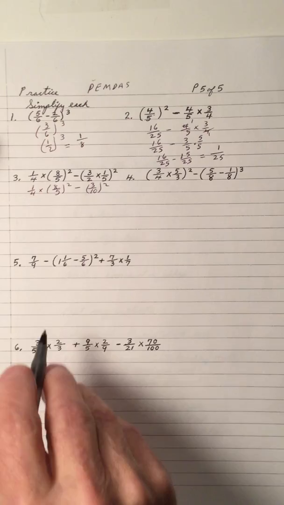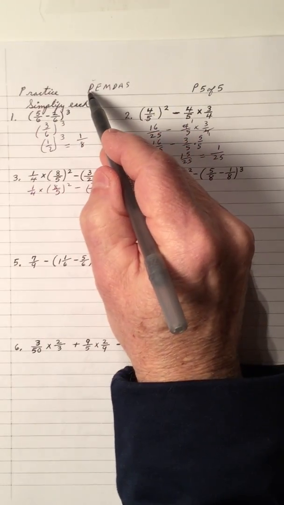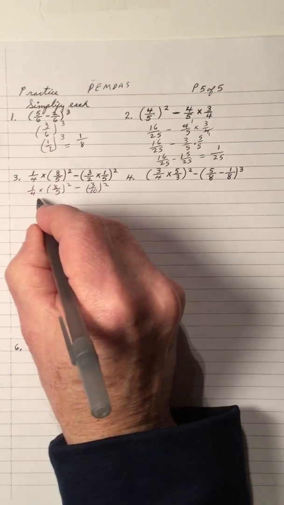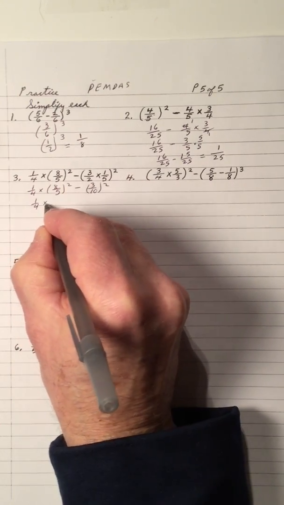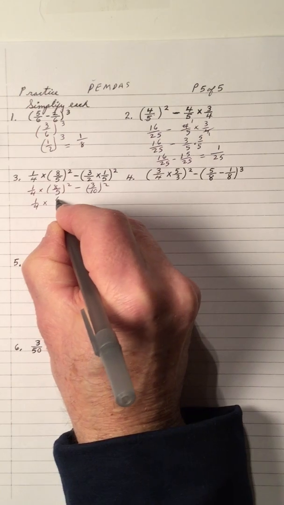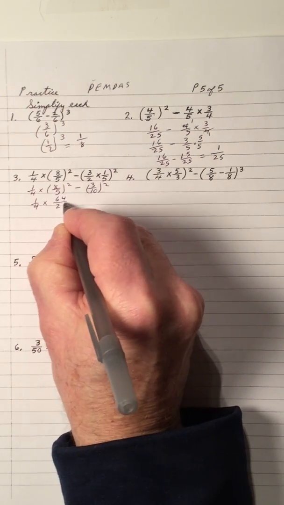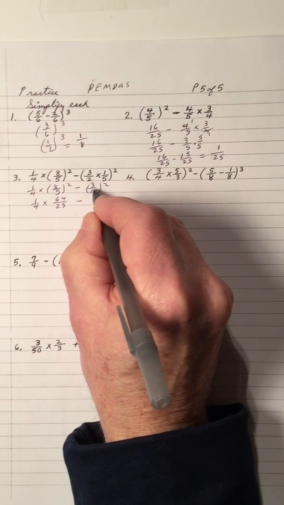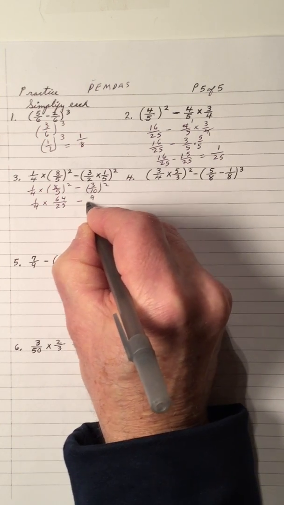Now that I have that done, I have to do parenthesis. I got my bracket inside of here done. I have to do my exponents. So leave the 1/4 alone. 8 squared is 64 over 25. And 3 over 10 squared is 9 over 100.